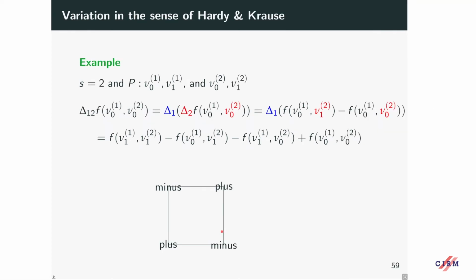In dimension 2, this definition becomes a summation of your function values on the corners of the square, and then the signs the function takes go like this: plus minus plus minus.